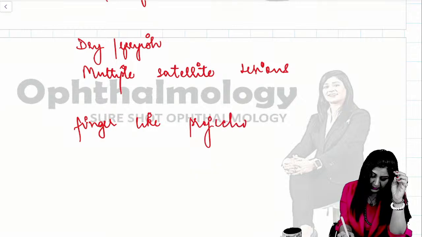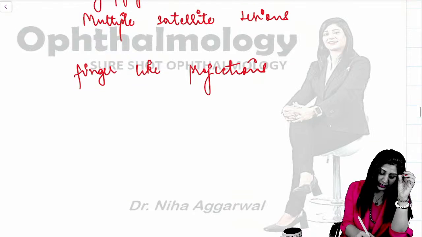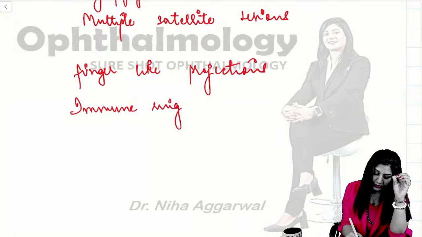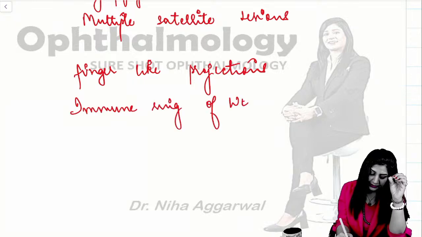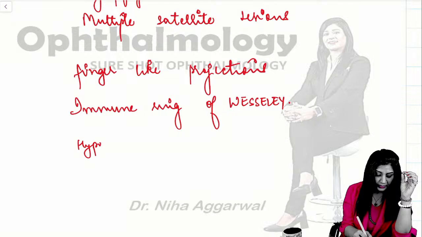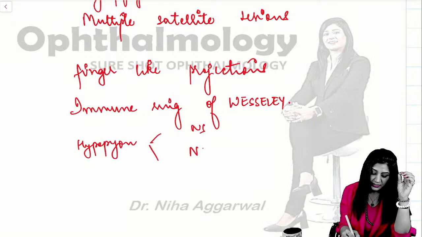Then we have the immune ring of Wesley, that is a demarcation ring that is there, and a hypopyon, not to forget, which will be non-sterile as well as non-mobile.